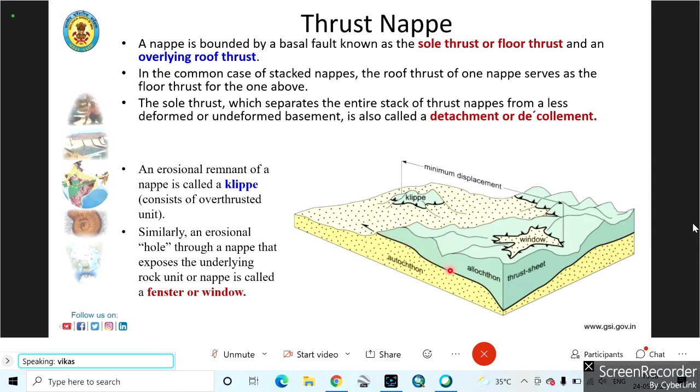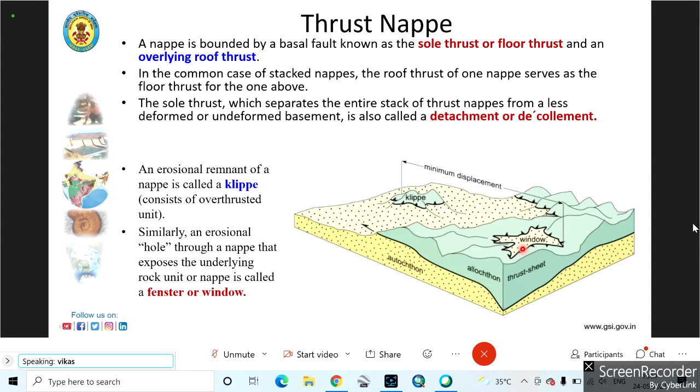If such movement happens and after that erosion happens, you will notice some parts where the sedimentary rocks will be sitting over a bottom part, which is called a klippe, and in some places you'll be seeing windows. We sometimes have confusion about inlier and outlier, but notice that in inlier and outlier there is no tectonic movement.